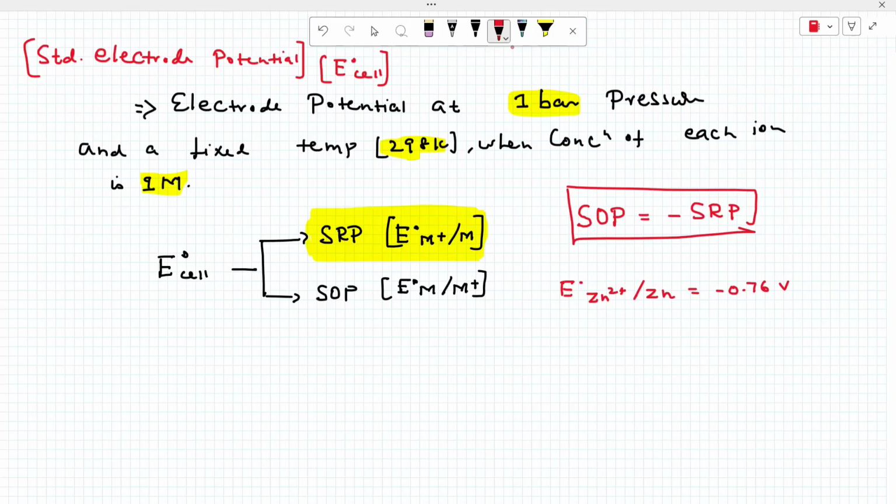Tell me. SRP, yes sir. SRP. What is the SOP value now? Plus 0.76. Simple. Therefore, plus 0.76 volt. This is SOP. Okay, this is the relation. SOP is equal to minus SRP. Got the point? Important point.